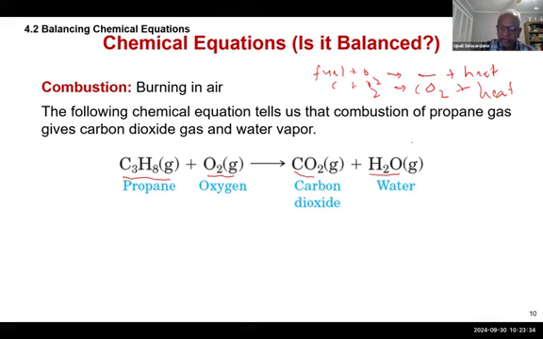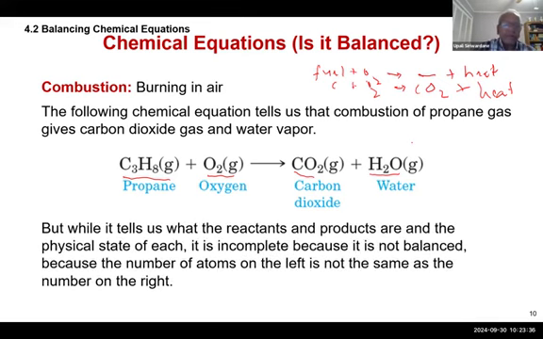A combustion reaction is an oxidation-reduction reaction. A chemical reaction also tells us the reactants and products, and parentheses indicate the physical state of the reactants and products. And these numbers need to be balanced.